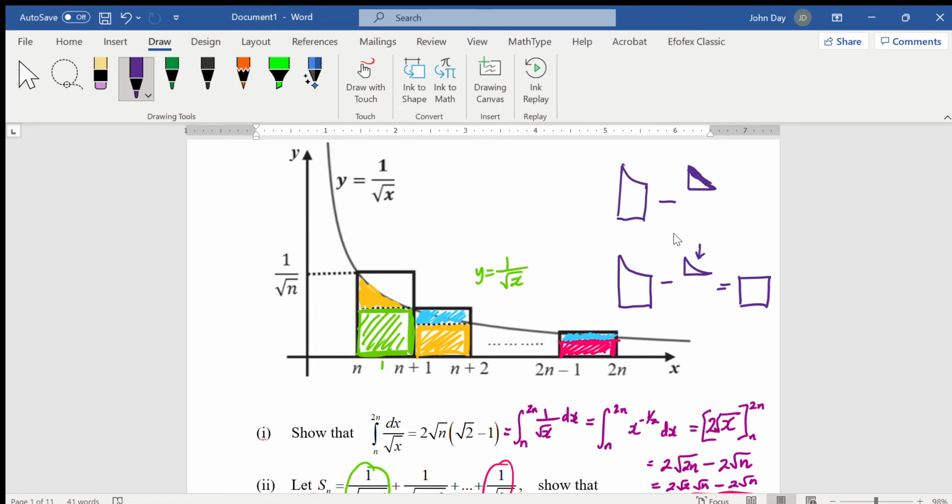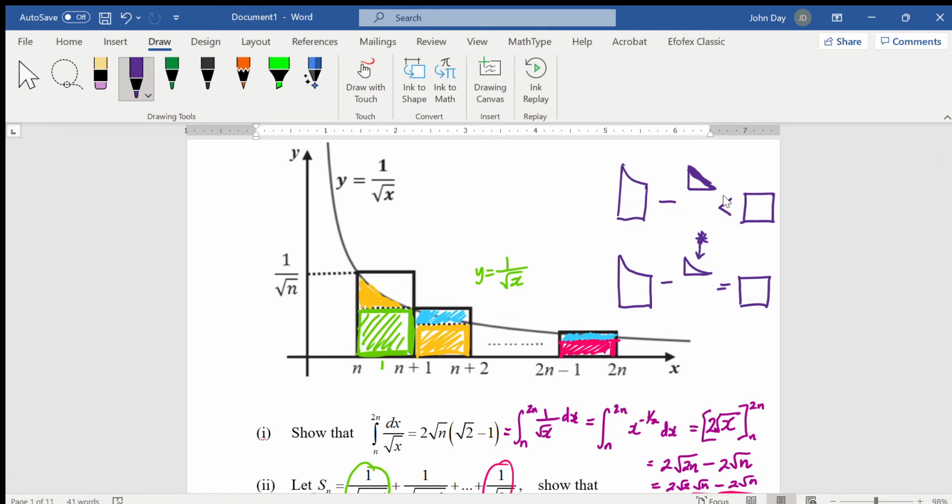Well, it wouldn't be equal to that lower rectangle anymore, because it's taken more off than what we did before when we took away this bit. So what you end up with is not equal. What you end up with is less than the lower rectangle.